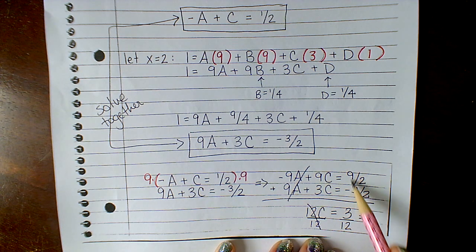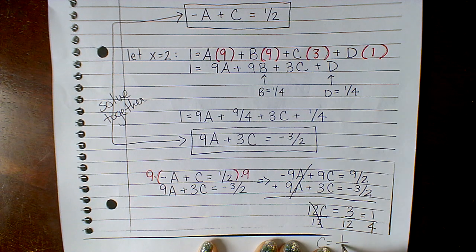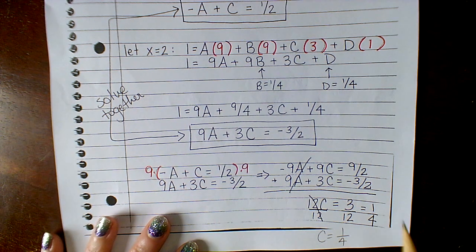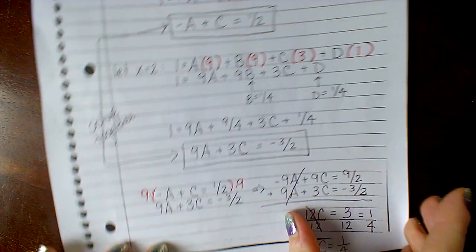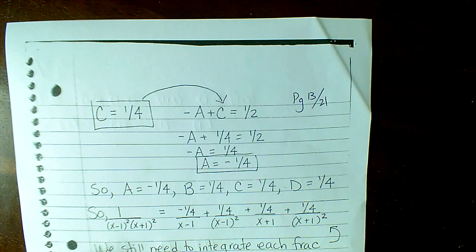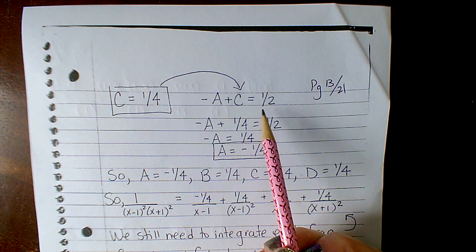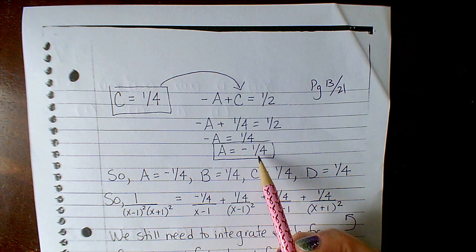Adding this together, I'm going to get 6/2, or just 3. Dividing both sides by 12, I get c equals 1/4. I can then back substitute into either one of these equations to find a. So c being 1/4, I just back substituted into this equation. I could have picked either one of them to find a.